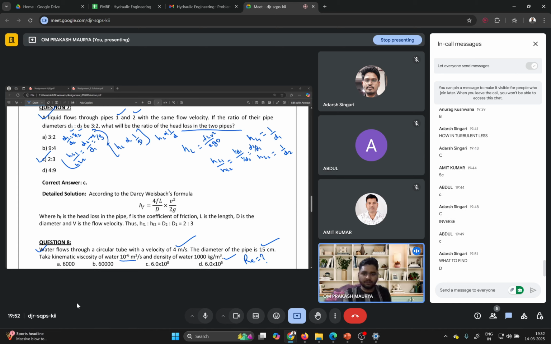Okay, D, you are telling 6 into 10 raised to 5. Also, everyone please tell whether the flow is laminar or turbulent. Abdul is telling turbulent.